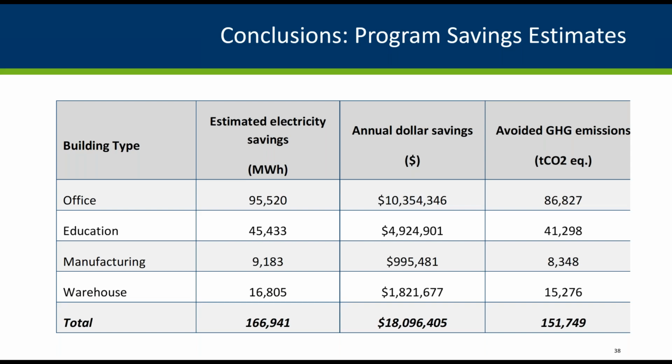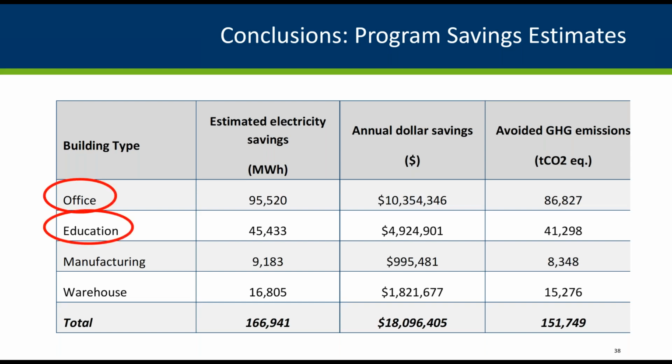In total, we estimate that adjusting light levels could potentially save Minnesota approximately 167,000 megawatt hours annually, with most of these savings coming from the office and education sector.